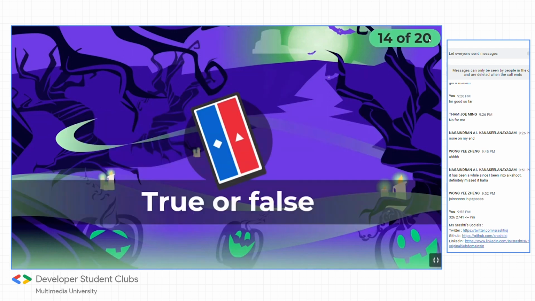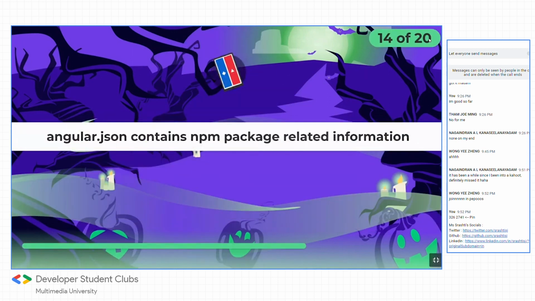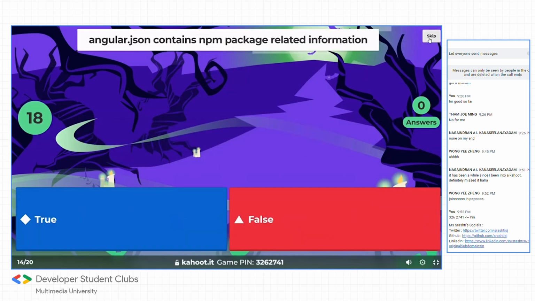Okay, is it true or false? Angular JSON contains npm package related information.